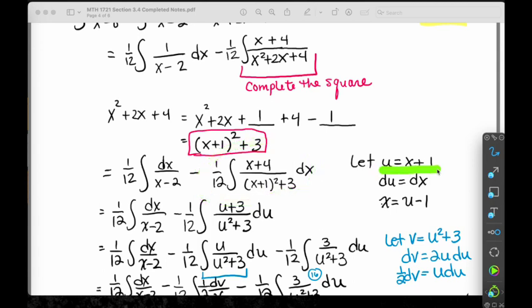We're going to let u be x plus 1, so du is going to be dx. And if I rearrange this u equals x plus 1, I also have that x is u minus 1. So when I make those substitutions, I'm going to get negative 1/12 times the integral of u plus 3 over u squared plus 3.